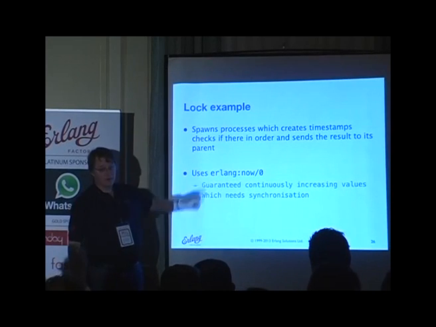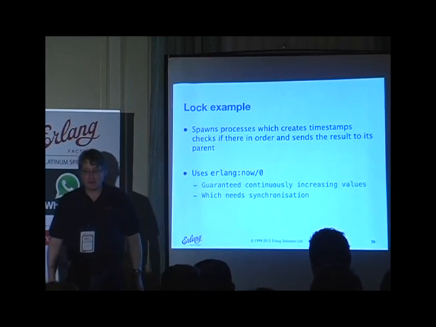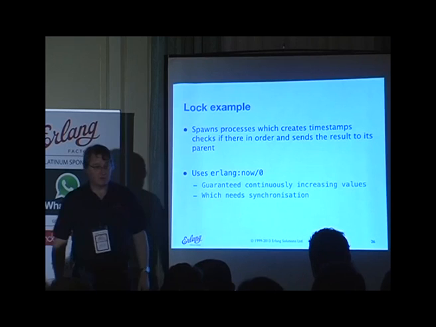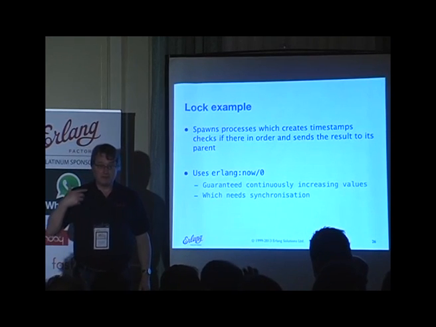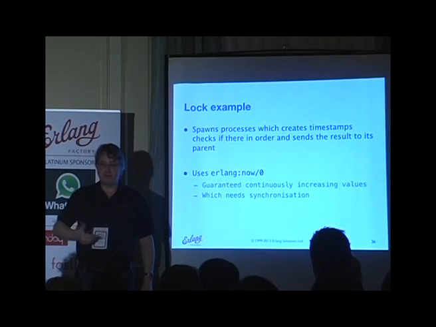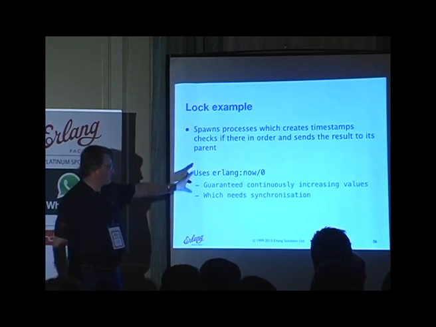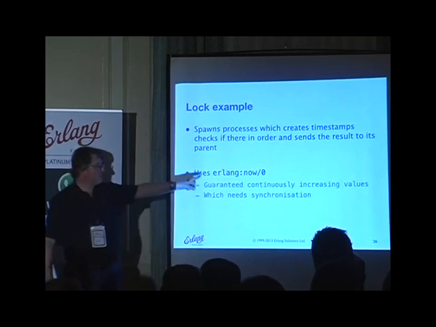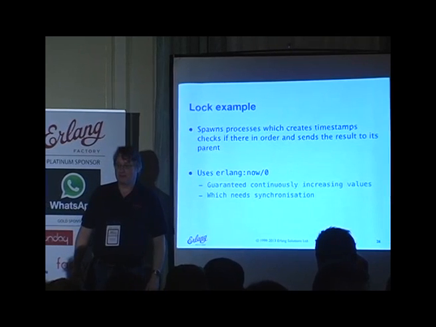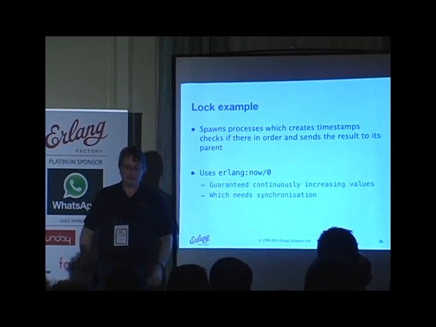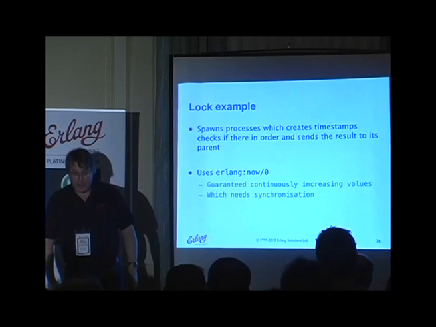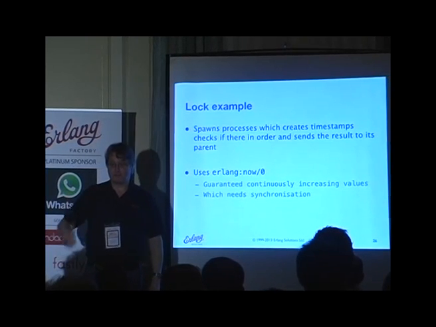The problem was they were using Erlang now. And Erlang now has a wonderful property that it's always monotonically increasing. So every call of now will be bigger than the previous one. For those who don't know, that returns the current time in microseconds. It's a tuple of 3 elements. And it guarantees to increase.